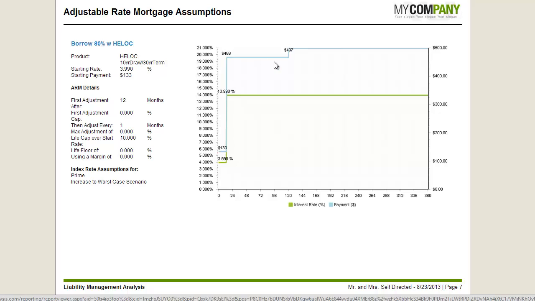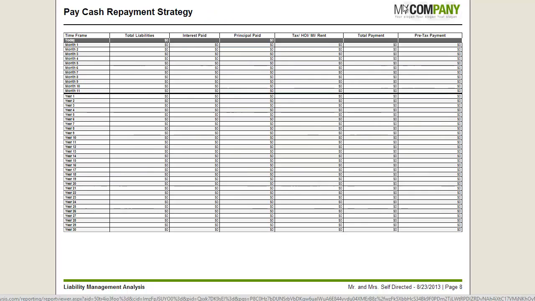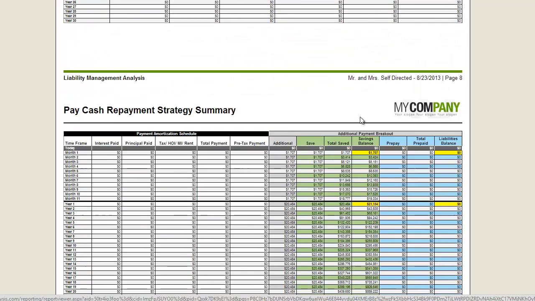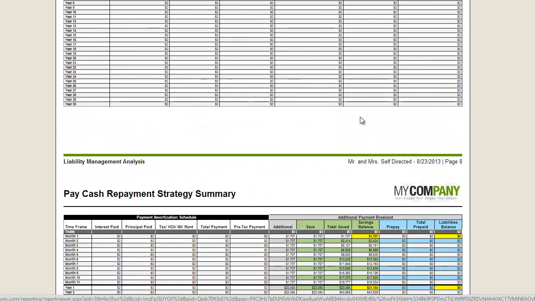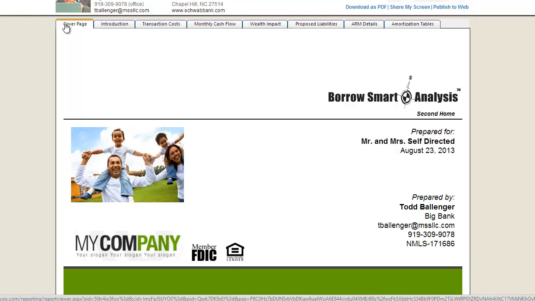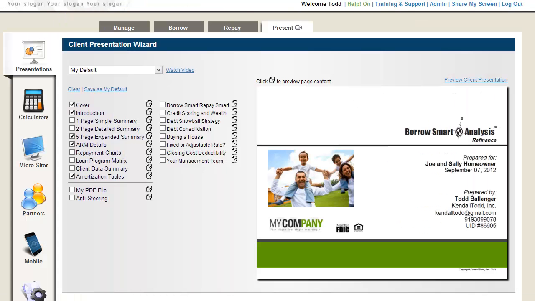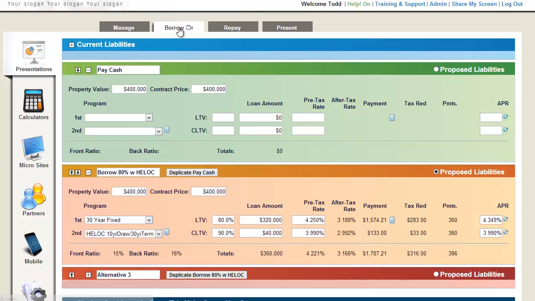Again, I don't think this is likely to happen, but we're showing that $432,000 savings in a worst case scenario, and we are in fact providing the amortization tables that allow them to see how those numbers actually work out over time.